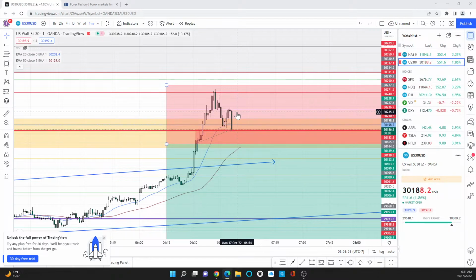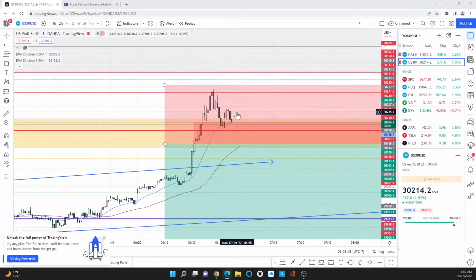Okay, broke through there. Stay below. Here with those pushes to the downside, I'm hoping we can see something clean right here.